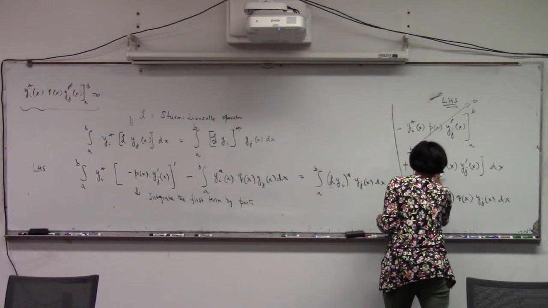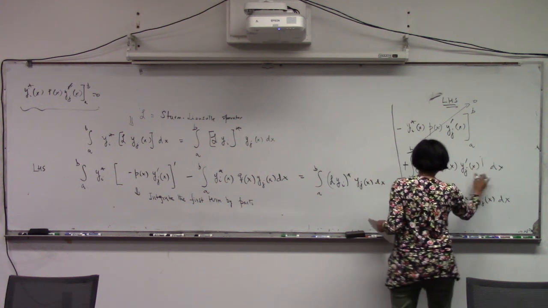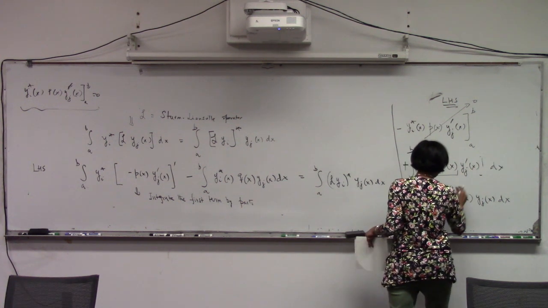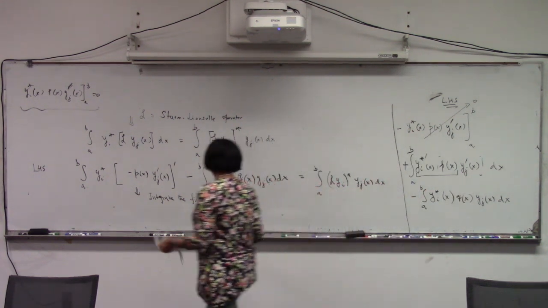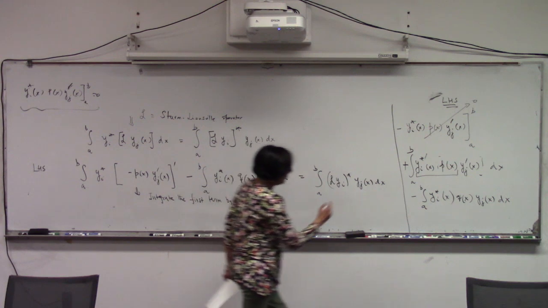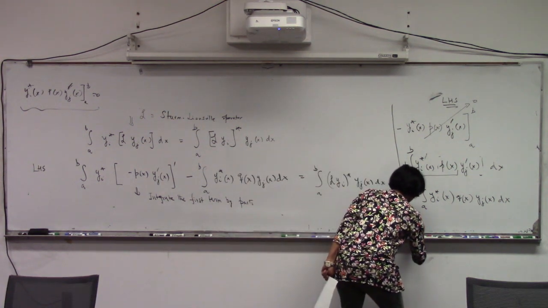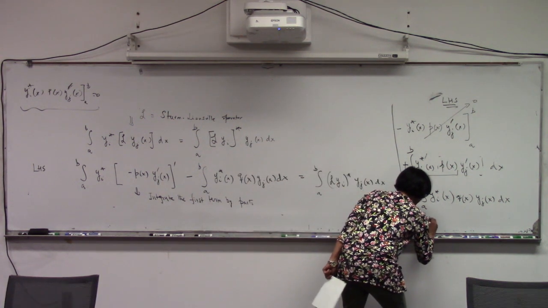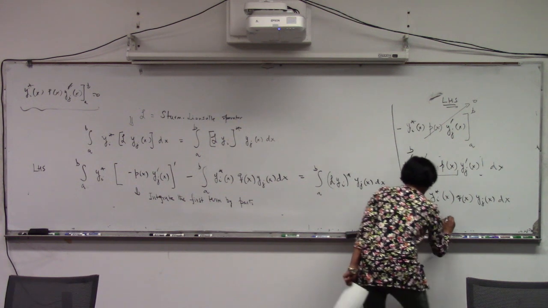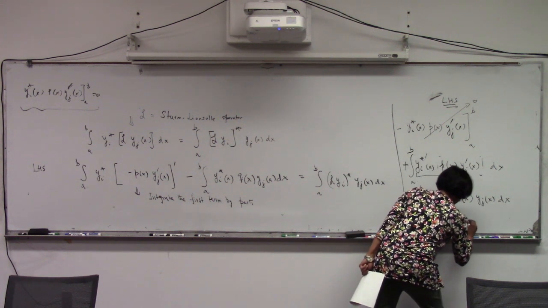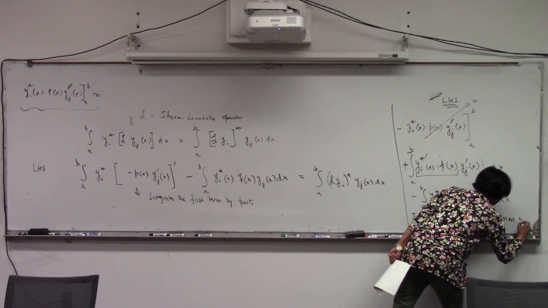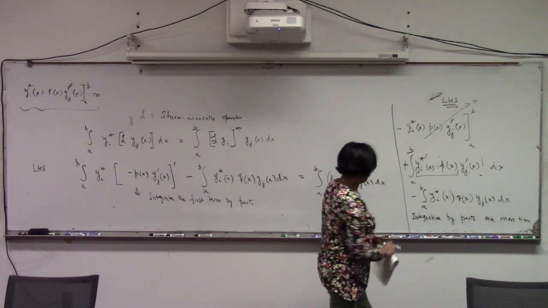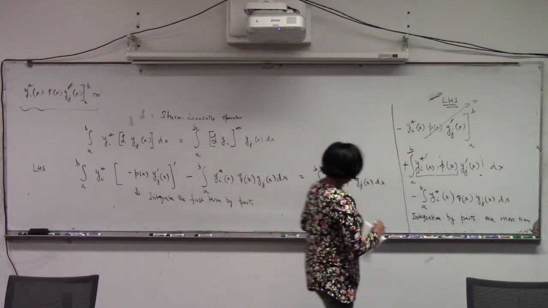Let's see, I got this term. What I'm going to do is take the derivative of this term and see what happens. So do integration by parts one more time of the left-hand side. Only this term, okay.